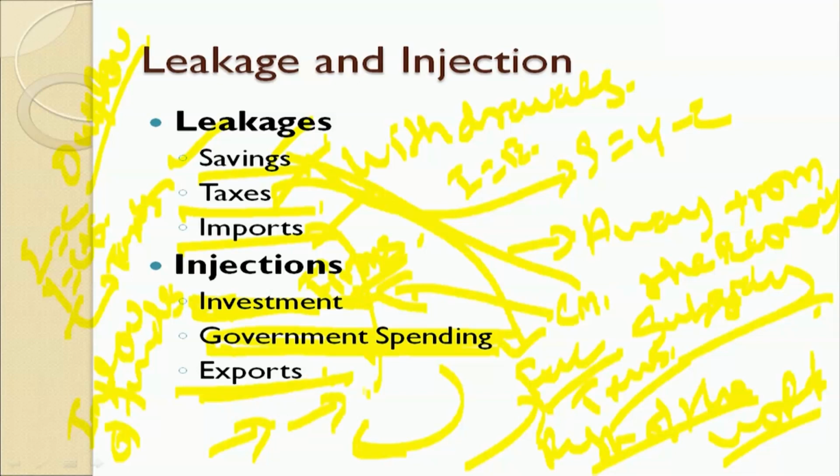So these are the leakages and injections. Leakages are what we consider as the outflow of funds. That outflow of funds is not entirely idle. The outflow of funds again comes back in the form of injections, as an inflow of funds, with a different effect in an economy.